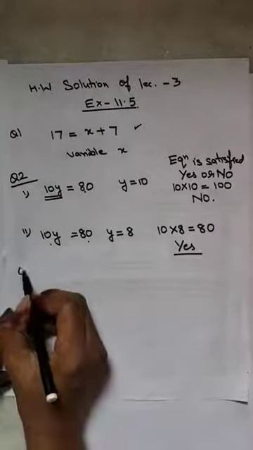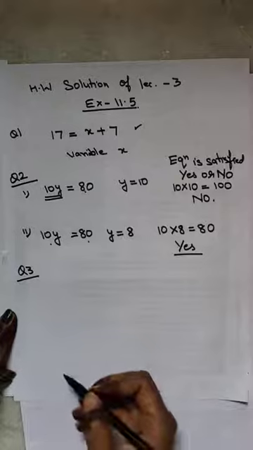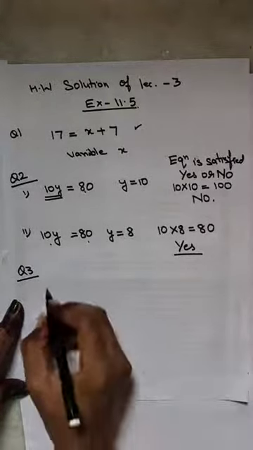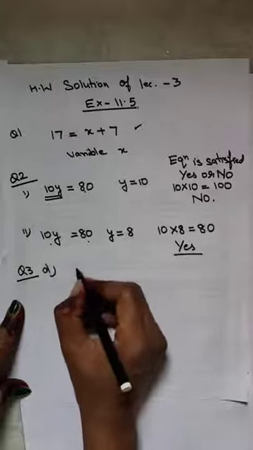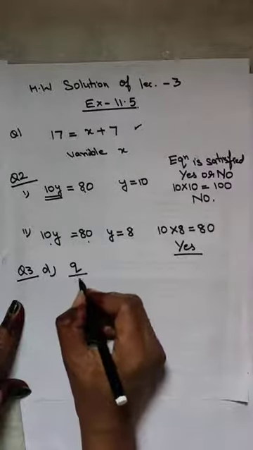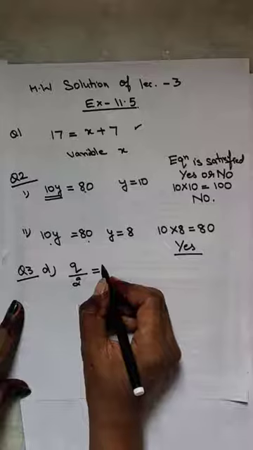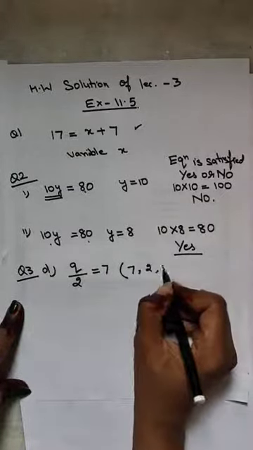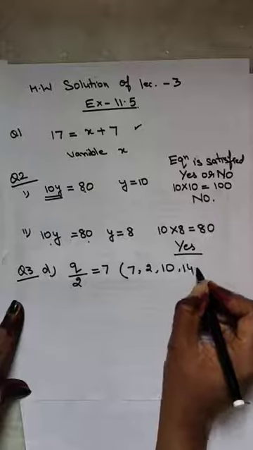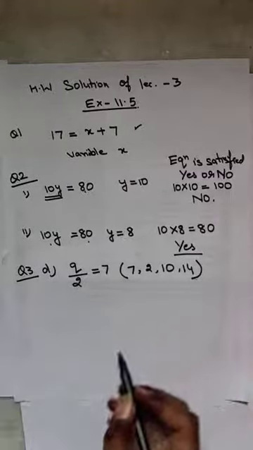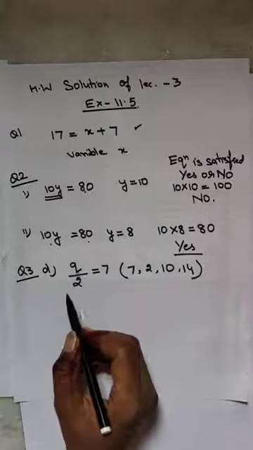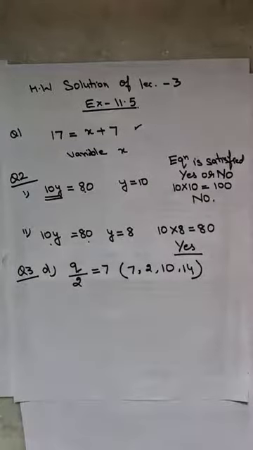Now see question number 3. In question number 3, I am showing you D part. It is q upon 2 equal to 7 and the values given are 7, 2, 10 and 14. For these values you have to tell for which value of q this equation will be satisfied.